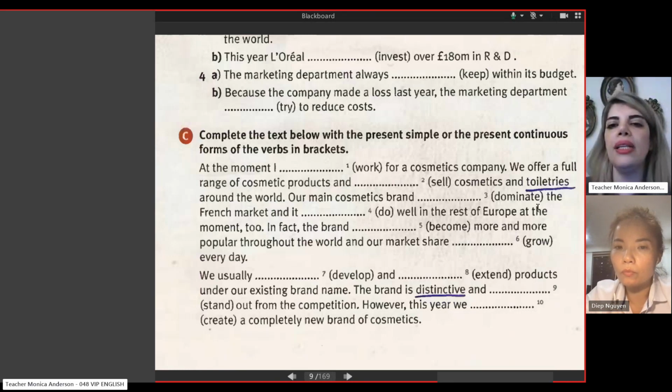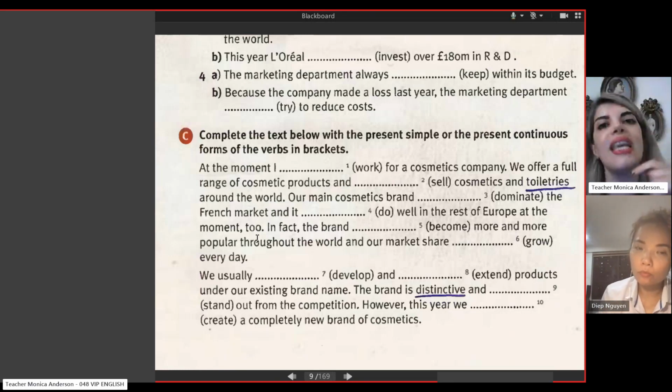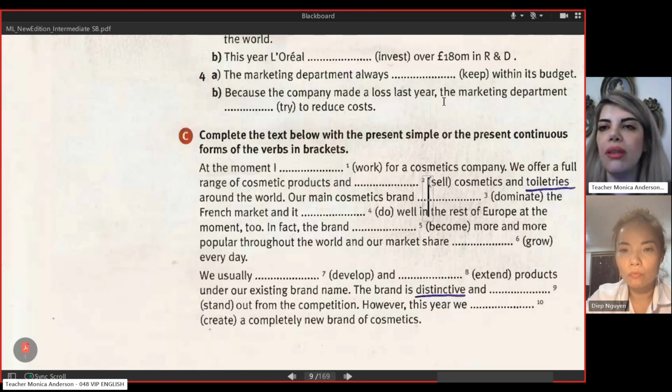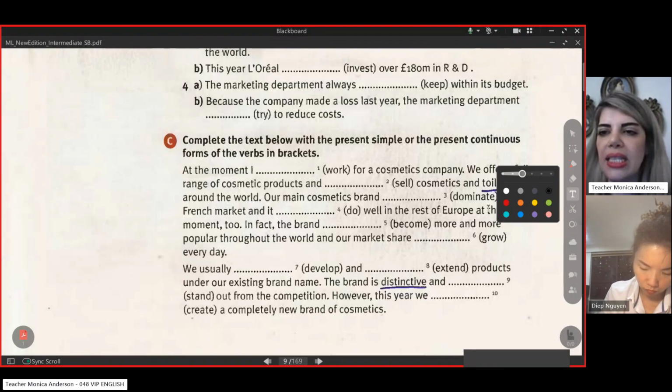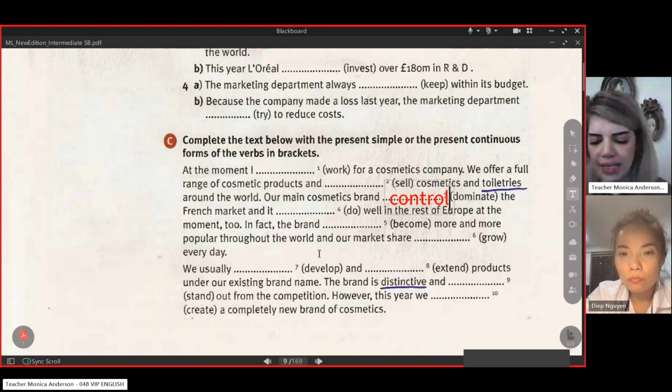So when I say, for example, our main cosmetics brand dominates the French market, because I don't have any time expression that indicates if the sentence is present simple or present continuous, I consider it as present simple. So we say dominates, and dominates means control. Let me write here: dominates means the same as control something.